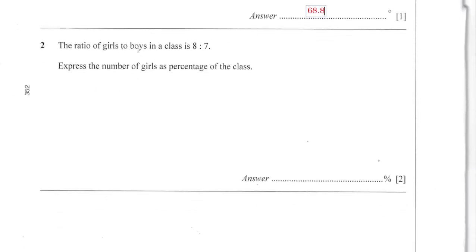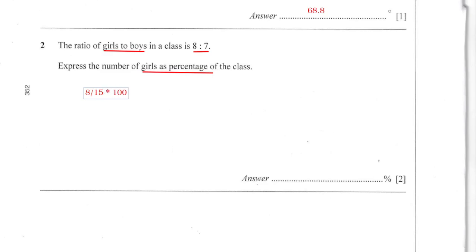Now the ratio of girls to boys in a class is 8:7. You are required to express the number of girls as a percentage of the class. How many girls do we have there? They are of the ratio 8. And then the total number of learners we have there is 8 plus 7, which gives 15. So it's actually 8/15.